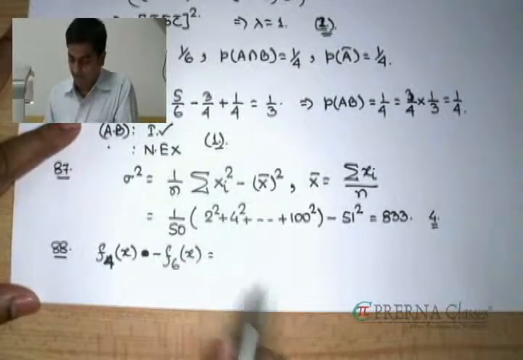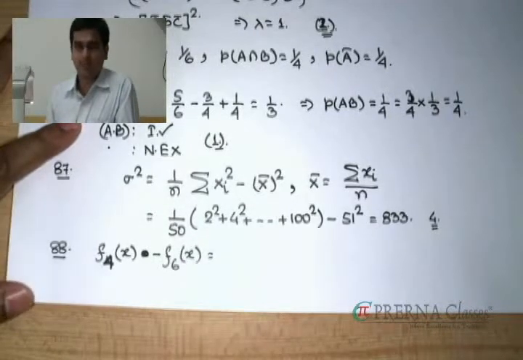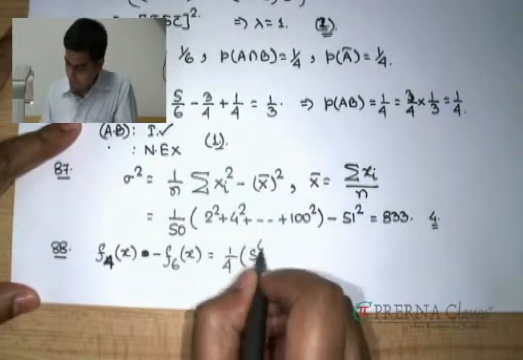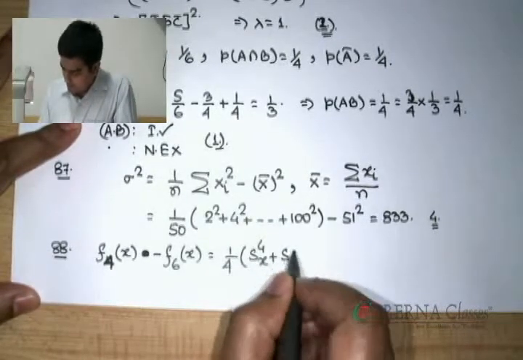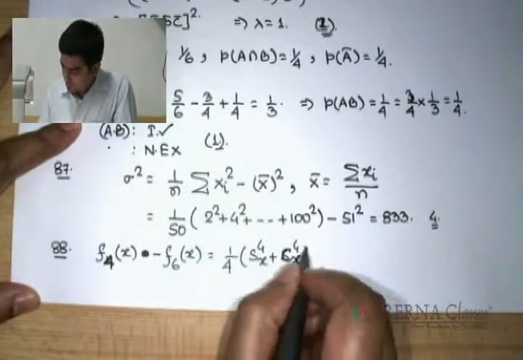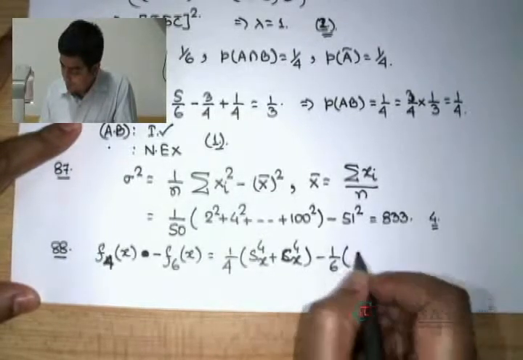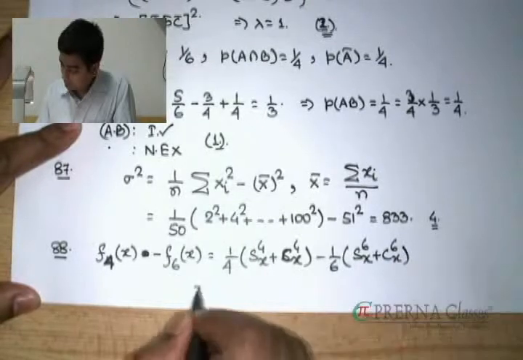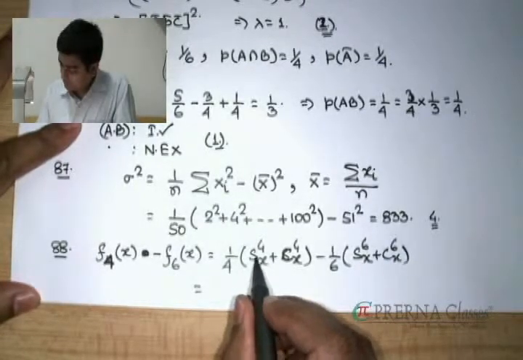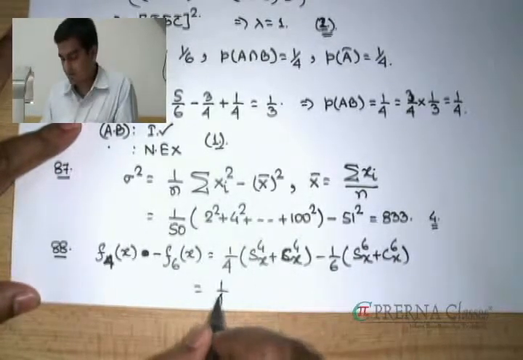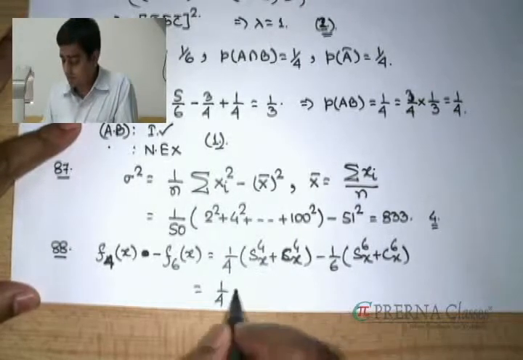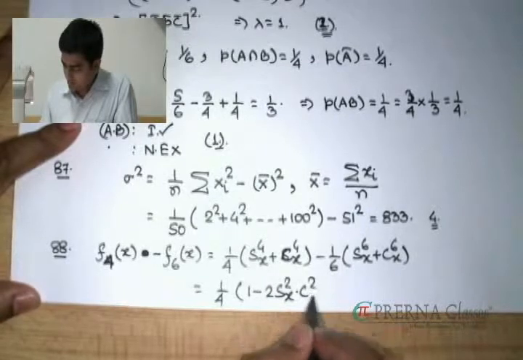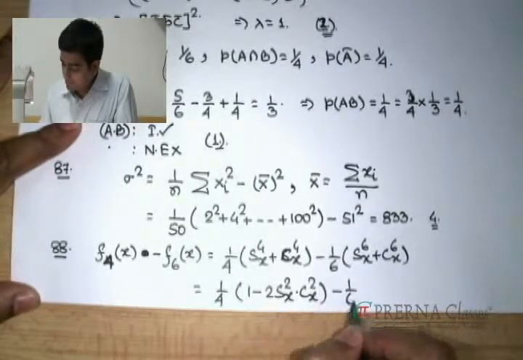In the next problem, we have to simplify f4x minus f6x, where fkx is given. Simplifying that expression this way, treating this as a square plus b square, where a and b are respectively sine square and cos square, you can clearly check this is nothing else but this.